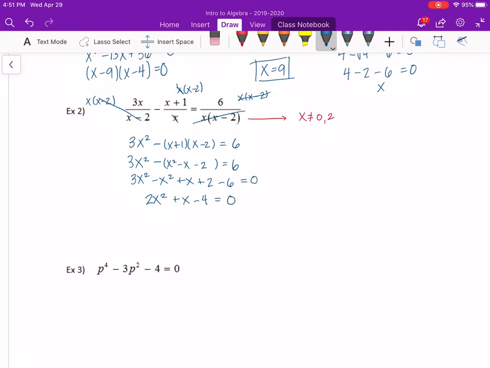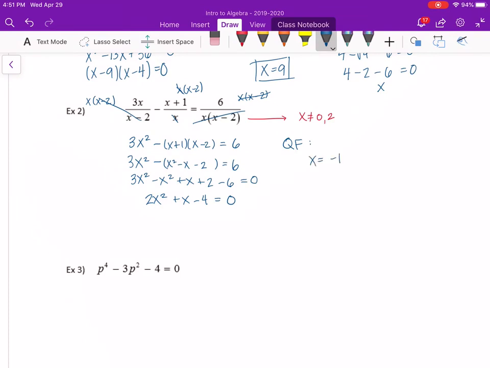So again, this is where I now have a quadratic in this other non-quadratic equation, and I have options. I can factor, I can complete the square, or I can do quadratic formula. I can tell it's not going to factor. And honestly, because of the coefficient of x to the second, I'm not super interested in completing the square. So I think the most straightforward would be to use your quadratic formula.